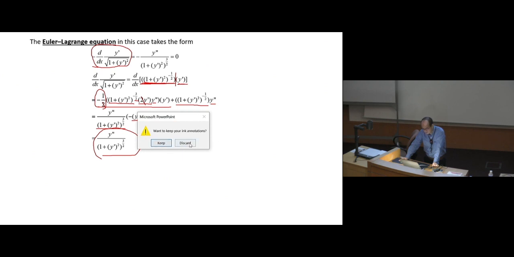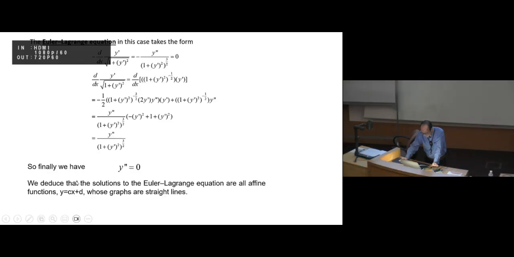If you think about the Taylor series, right, all the higher order derivative will be 0. So we deduce the solution has to be a linear function, y equals ax plus d.